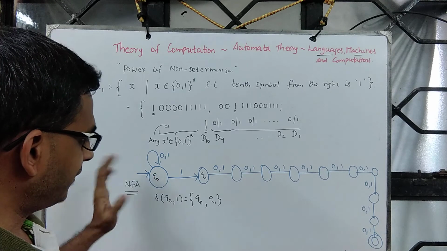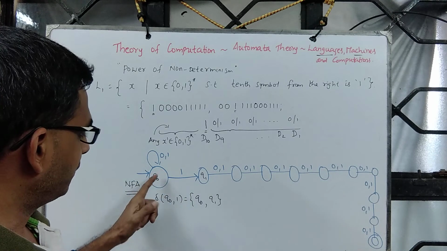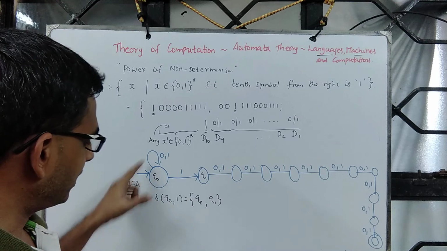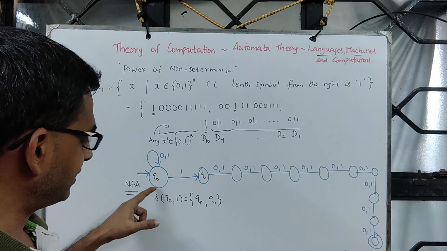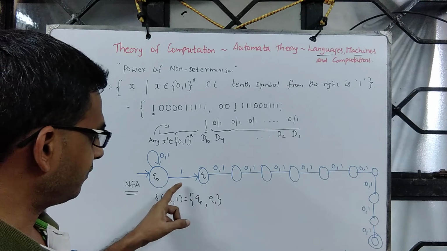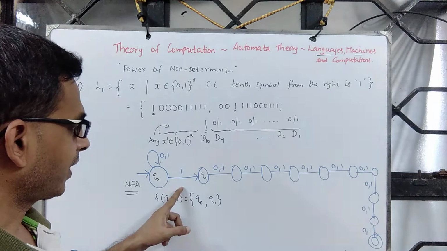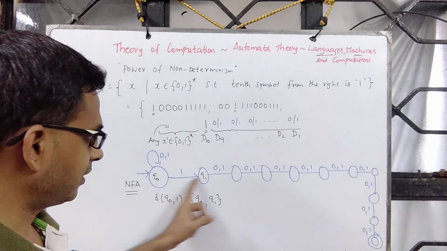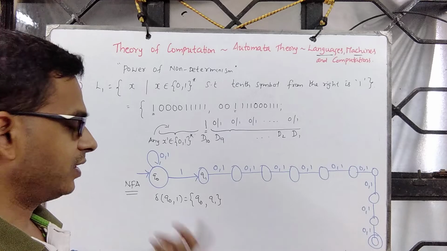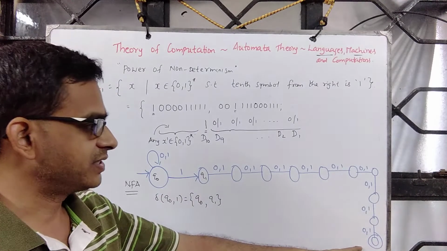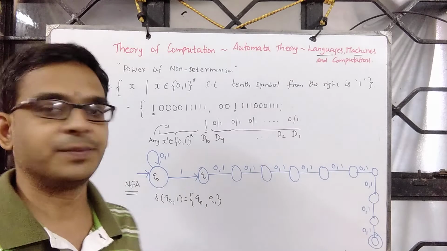So somewhere when you scan the string, you are guessing, should I loop over 0, 1 and stay at Q0 itself, or should I go to Q1 for the current one? And one branch will loop on Q0, another branch will go here, but the automaton says if at least one branch takes you to the final state, you say accept.